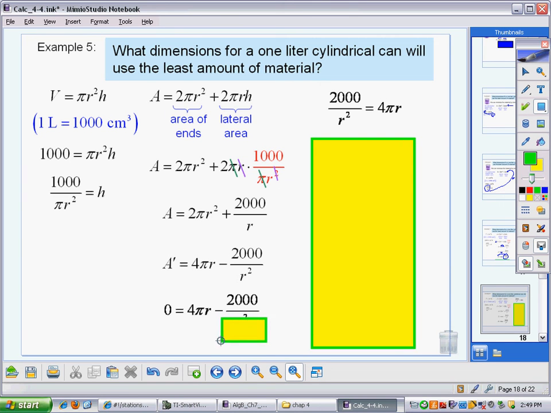So when you bring this guy to the other side, whoops, you get this at the top. And then I probably multiply both sides by R squared.